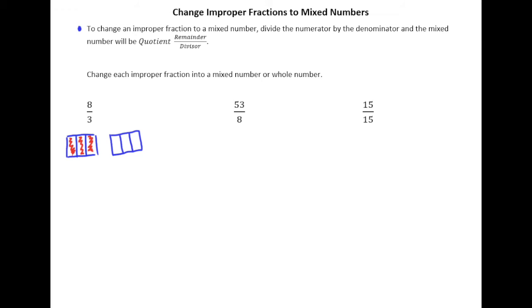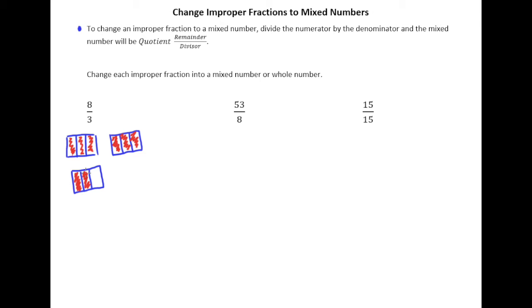And if I color all 3 of those in, that gives me a total of 6/3. I need one more box. Now if I color in just 2 of these, that gives me the 8/3 represented in that fraction.